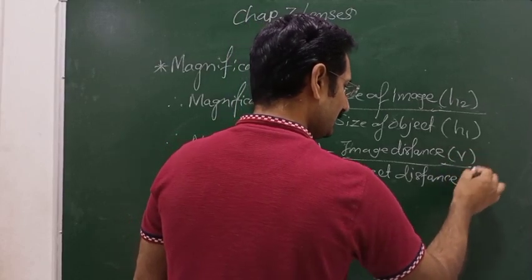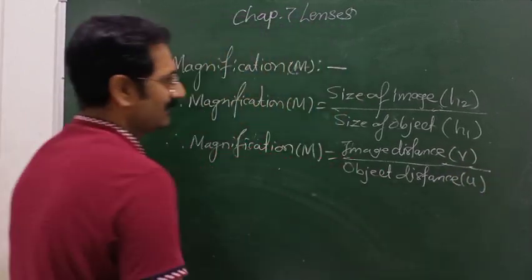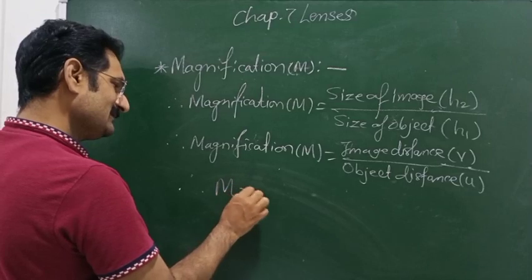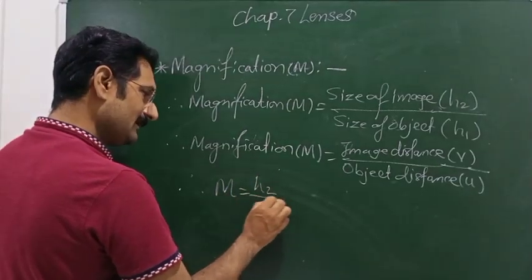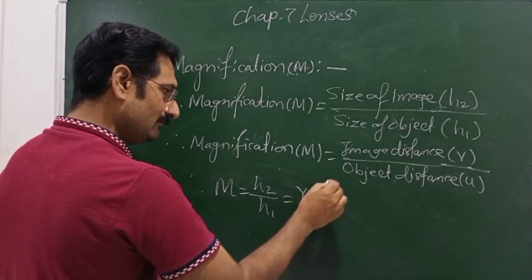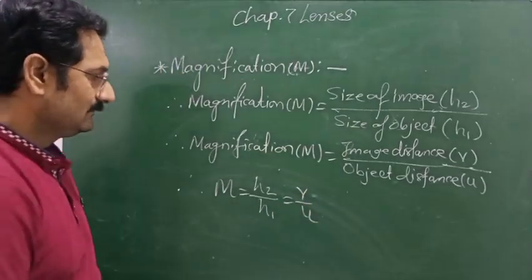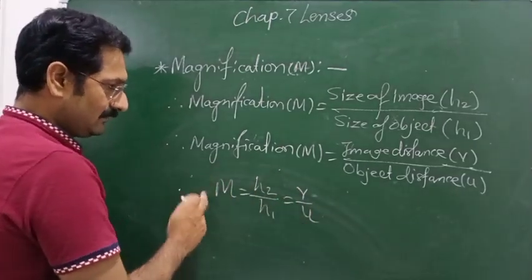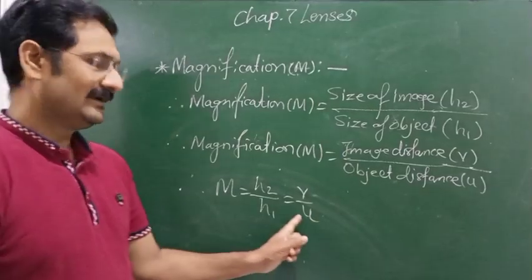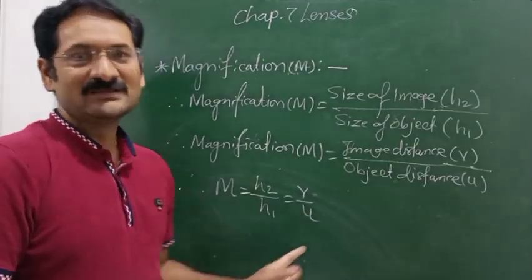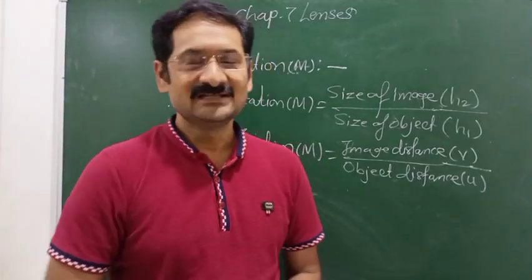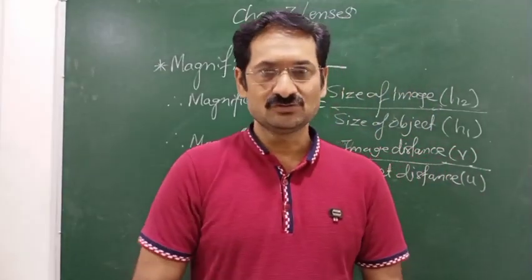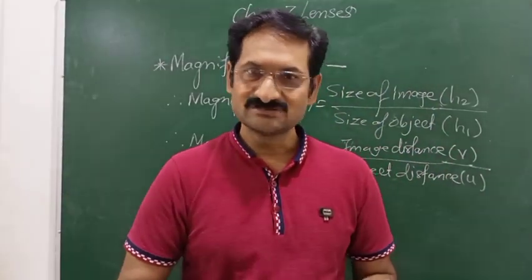By considering these two formulas, we can also write m is equal to h2 upon h1 is equal to v upon u. So if h2 upon h1 and v upon u, amongst these, other things are given and one we have to calculate, then we can calculate it easily by using this formula. So friends, in this way we study magnification. Magnification is the ratio of size of image to the size of object.